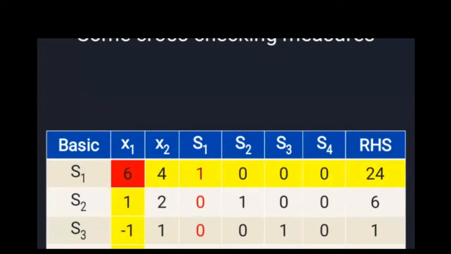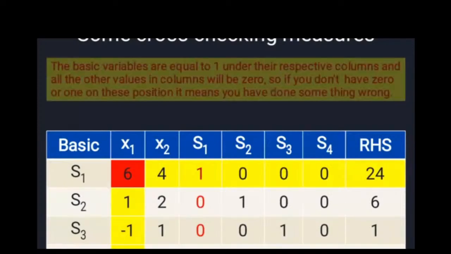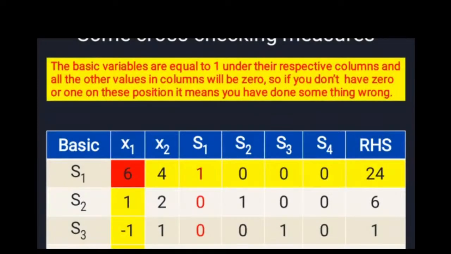We have to check some cross-checking measures. The cross-checking measure is that the basic variables are equal to 1 under the respective columns, and all the other values in those columns will be 0. So if you don't have 0 or 1 in this position, it means you have done something wrong.